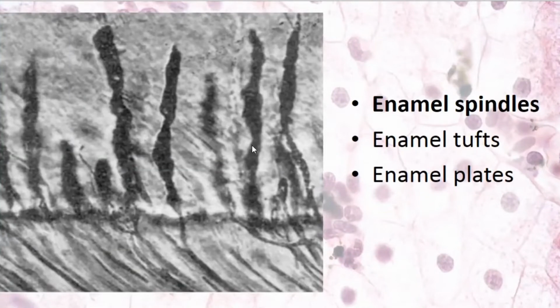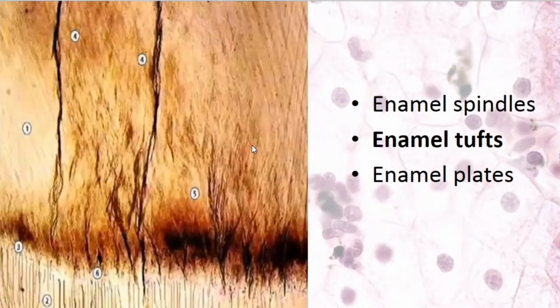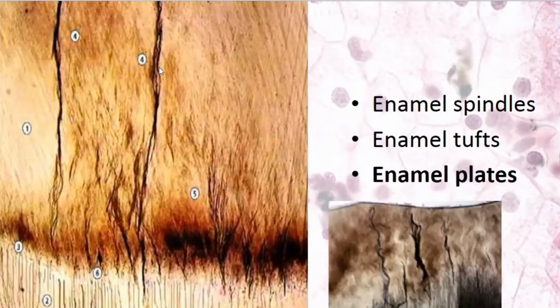Also, we have enamel tufts, less mineralized areas near the enamel-dentine junction. And there are enamel plates. They pass through the whole thickness of enamel. They are like enamel tufts, but bigger.